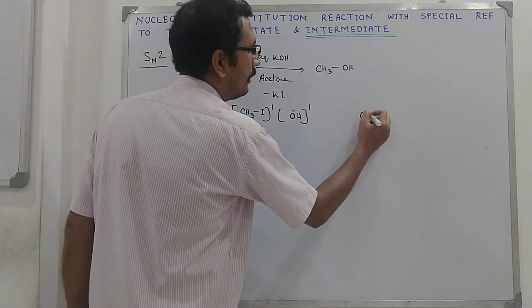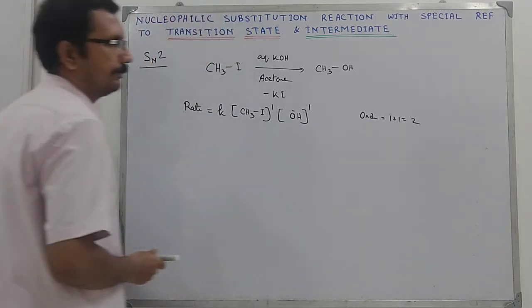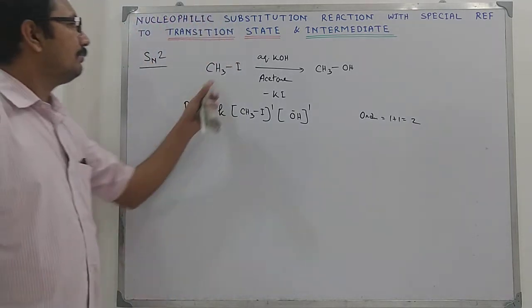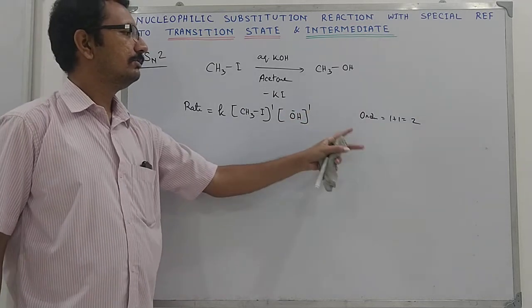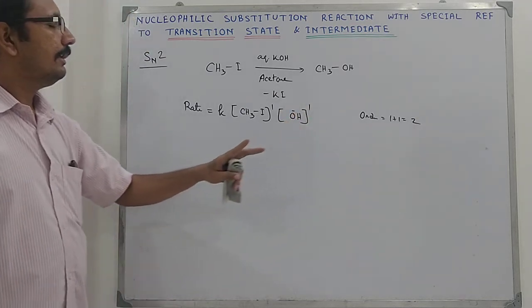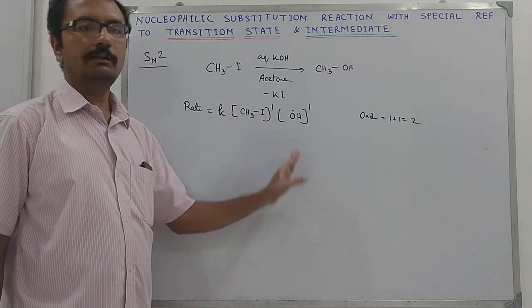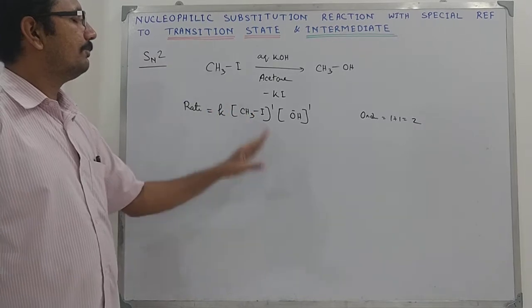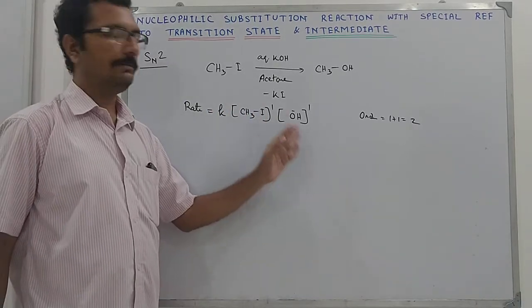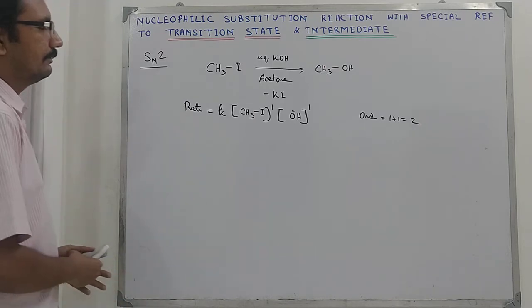So the overall order of the reaction is 2. Now see, there are 2 reactants and we have the order 2. So here is a possibility of getting the reaction to occur in a single step. If we find order equal to molecularity, the reaction may be multi-step or may be elementary.